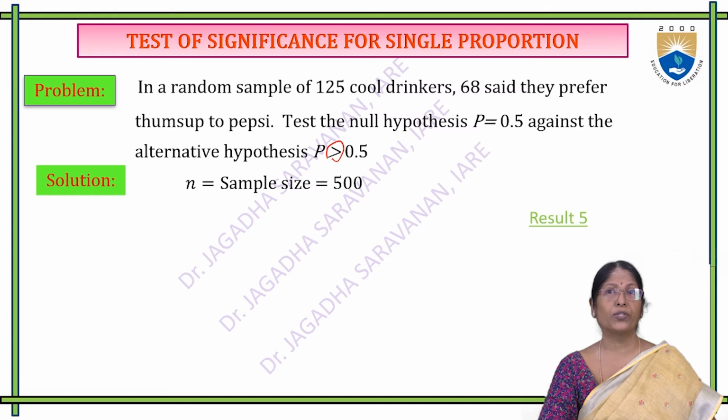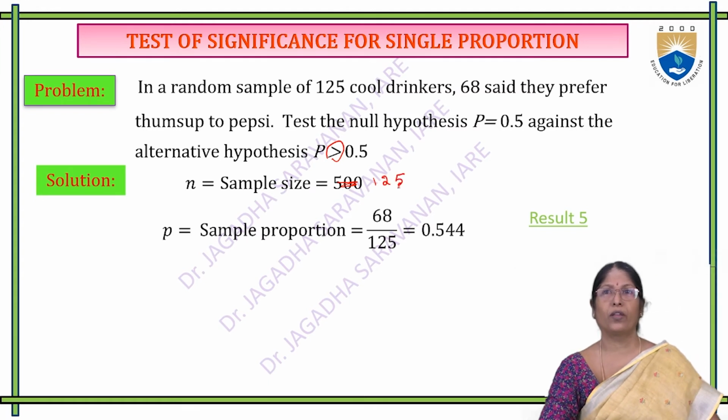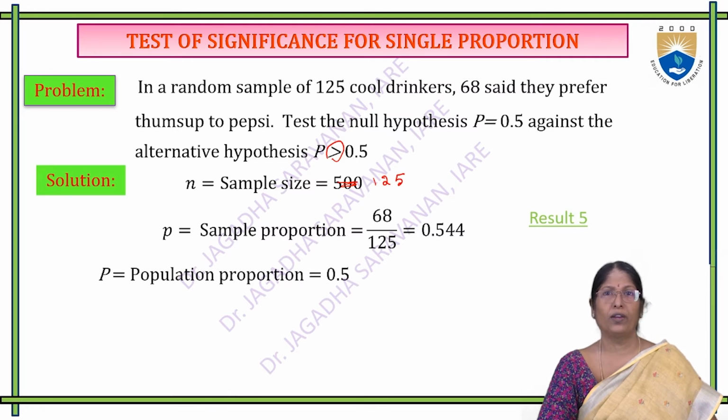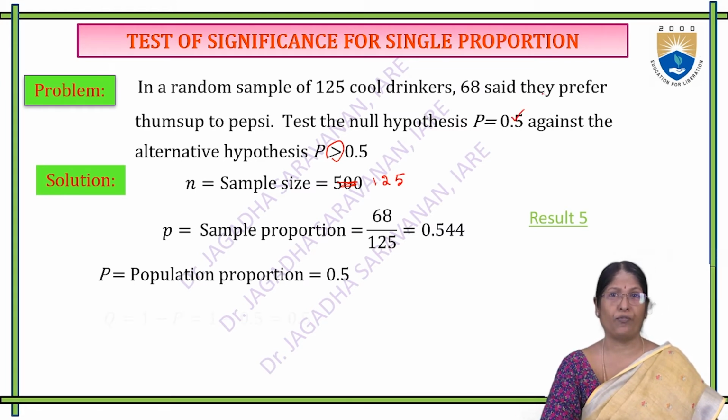Now n equals sample size, equal to 125. So small p equals sample proportion equals 68 divided by 125, which is 0.5444. The population proportion which is given, capital P, is equal to 0.5.